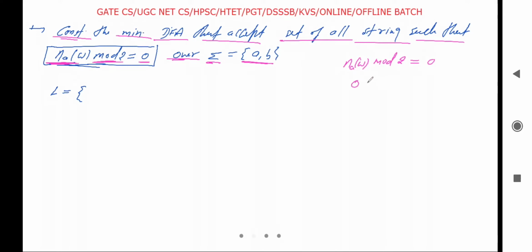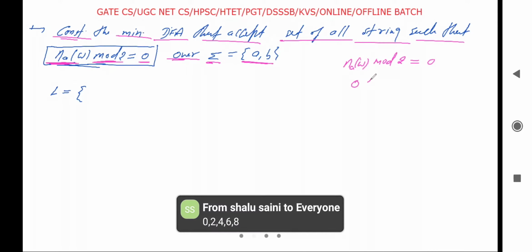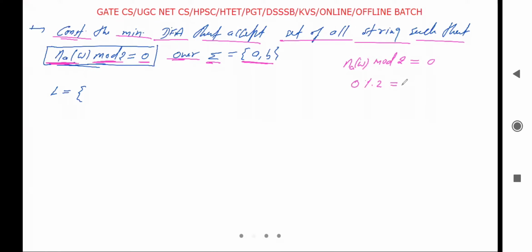Let's see. 0 mod 2 is 0, so there will be the 0 length string, that is null. After that, 1 mod 2 is 1, so it is not equal to 0, so this case is not possible.